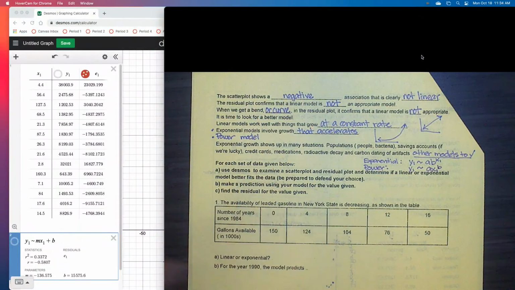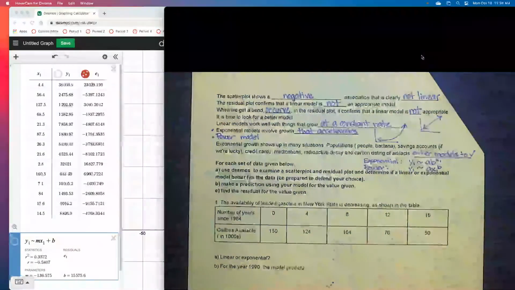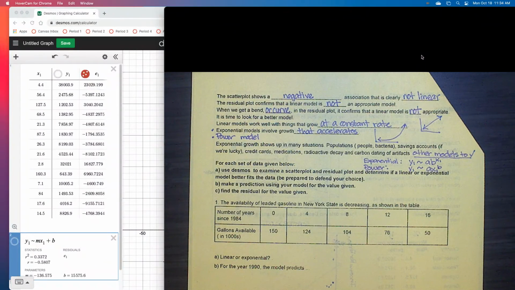So the b is in the exponent on that one. What we're going to look at right now is, when we check those two models, which one seems like a nice fit for this particular data. Did everyone have enough time to write down those two?